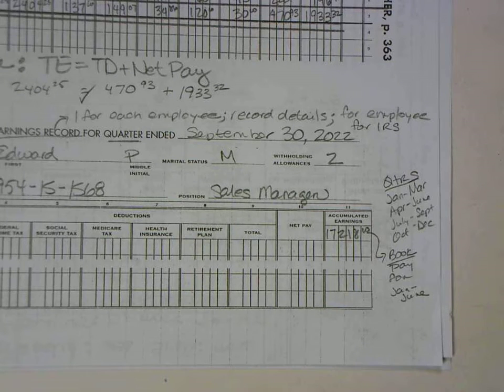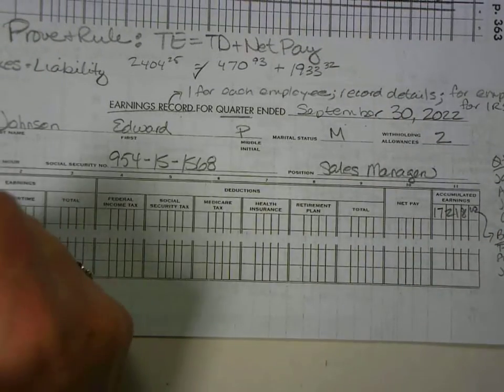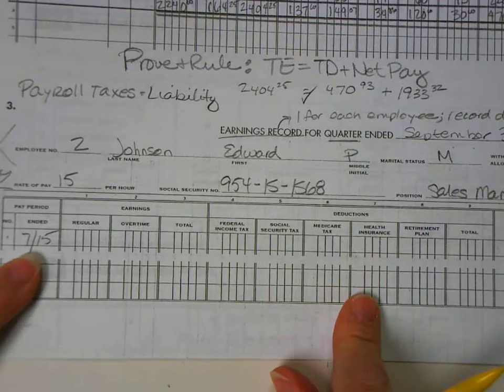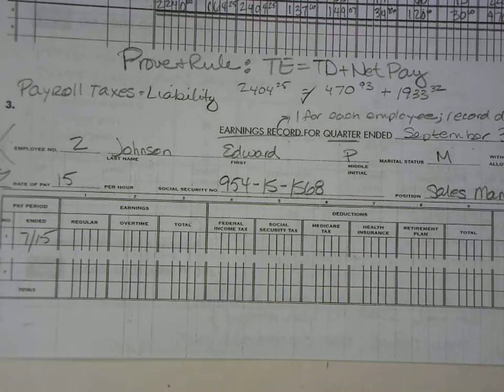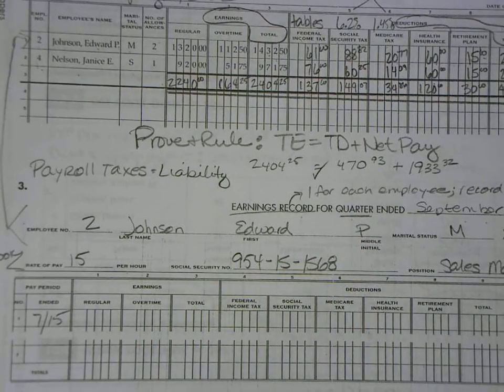All right. The next thing is that we are pulling his pay period information for this last paycheck on July 15th. And really all we need to do is duplicate this row right here. We don't have to recalculate, it's already here. We've just got to duplicate it to this row. So I'm just going to look at those numbers and write them down again.